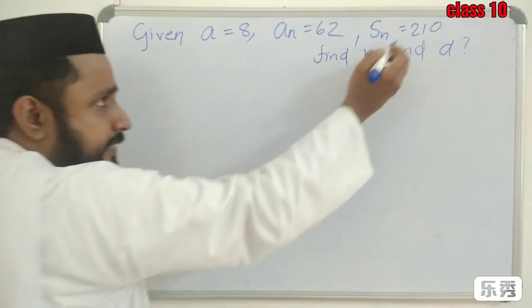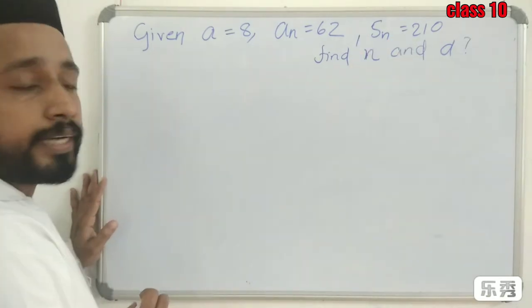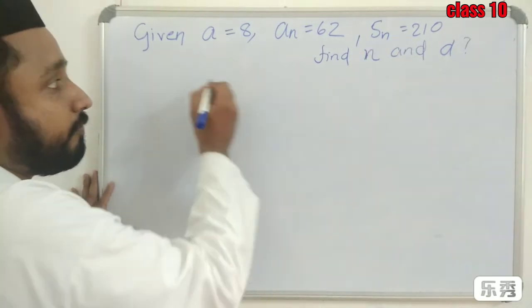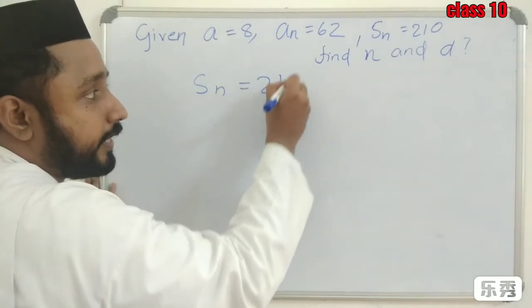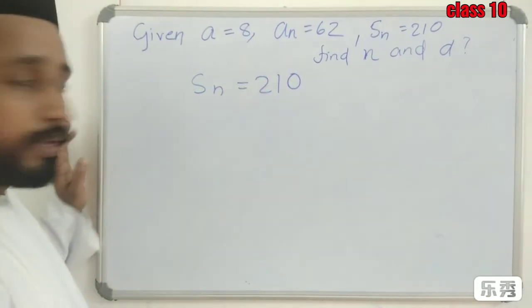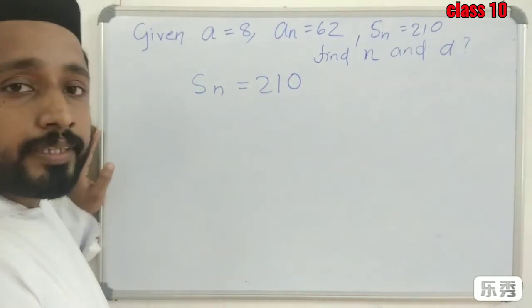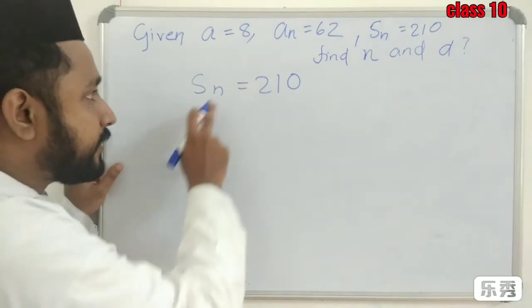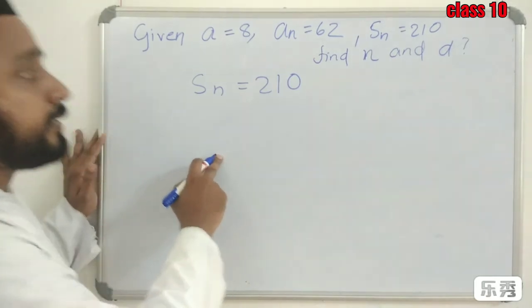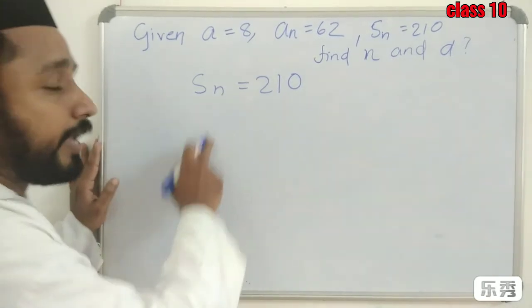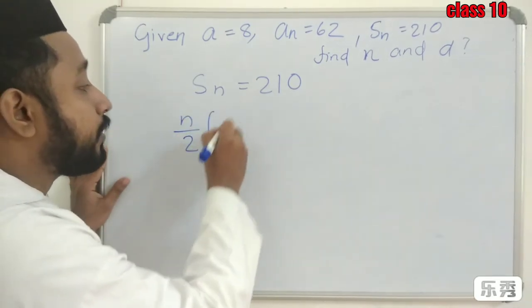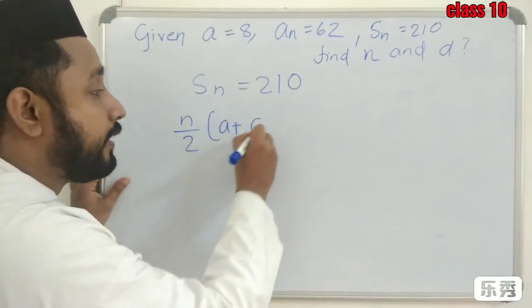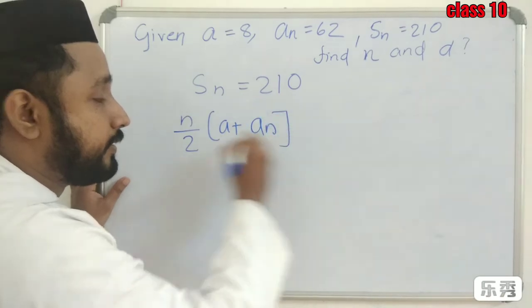So we have S_n is equal to 210. From this condition, we have to find n. The formula for the sum of an AP is n by 2 into a plus last term. Isn't it?